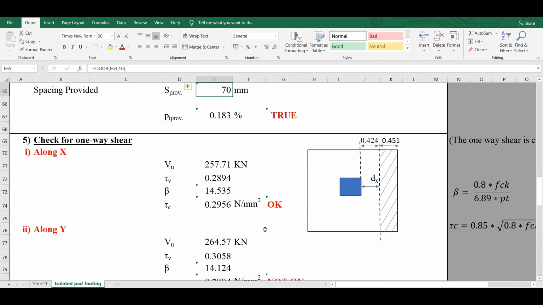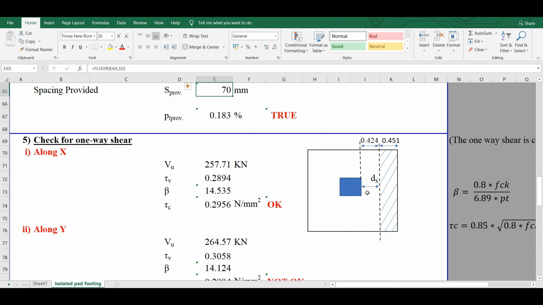Now the check for one-way shear. So along the x direction, we know that the one-way shear is critical at a distance of d from the face of the column. So now I want to know what is the shear force at this section, at this black dotted line.